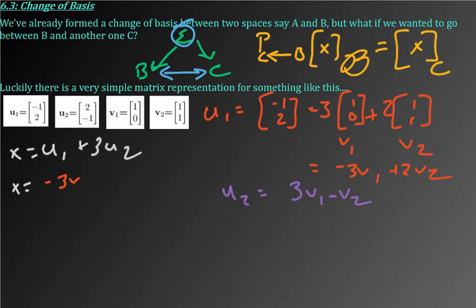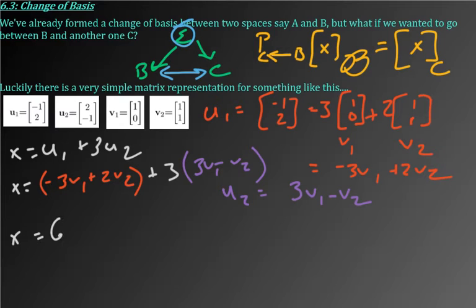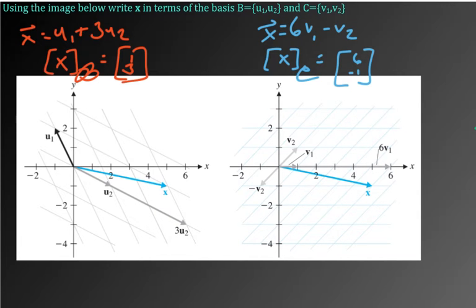U1 is -3V1 plus 2V2, and then U2 is 3V1 minus V2. And so then you can multiply, combine like terms, and you're going to get that x is 6V1 minus V2, which shouldn't be a surprise because that's exactly what we saw over here.